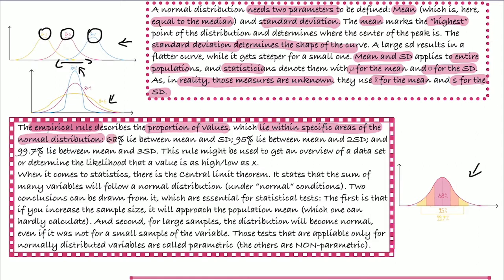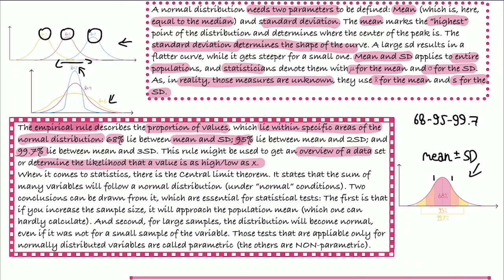So 68% of all values lie between the mean and plus minus one standard deviation. 95% lie between the mean and plus minus 2 standard deviations, and 99.7% lie between the mean and plus minus 3 standard deviations. You can also say it's the 68, 95, 99.7 rule. It might be used to get an overview of your dataset or also to determine the likelihood that a value is as high or as low as x.